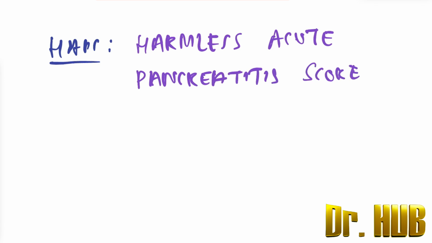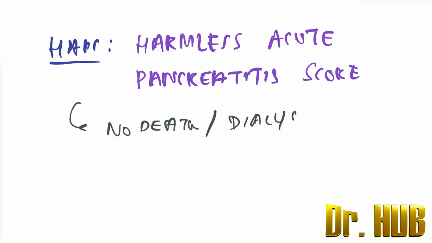How is the harmless acute pancreatitis score used? If all the following are present, then it is considered non-severe: no death, no need of dialysis, or no need of ventilation. There is absence of rebound tenderness or guarding.